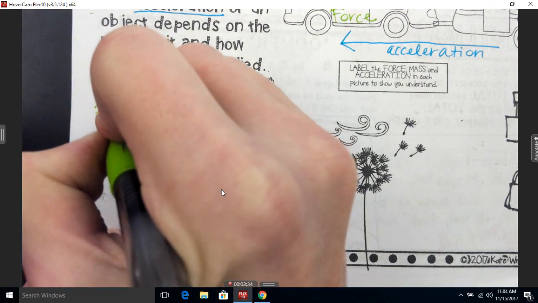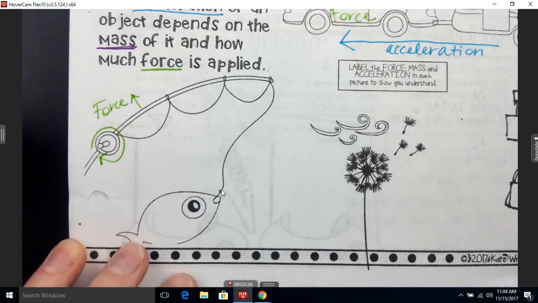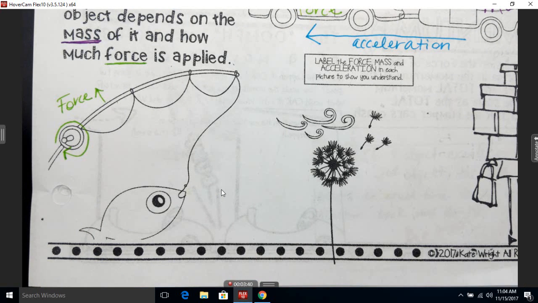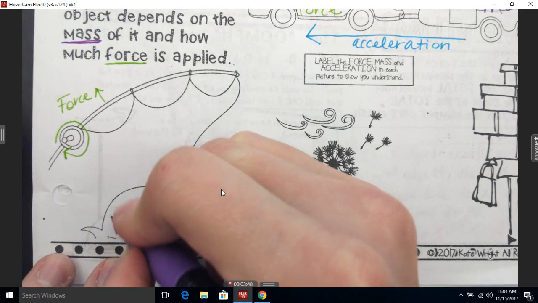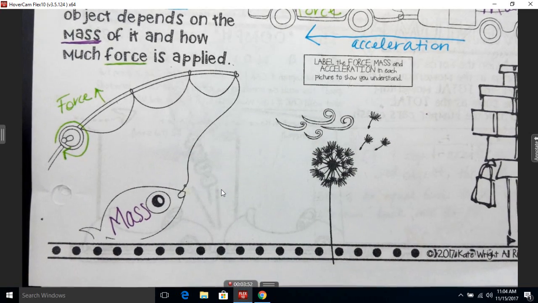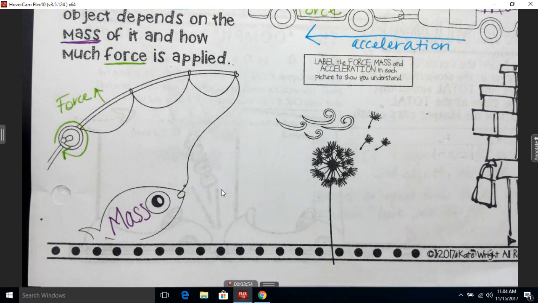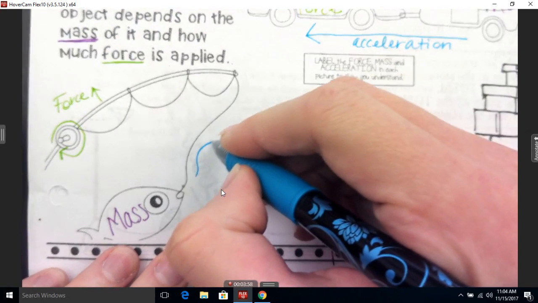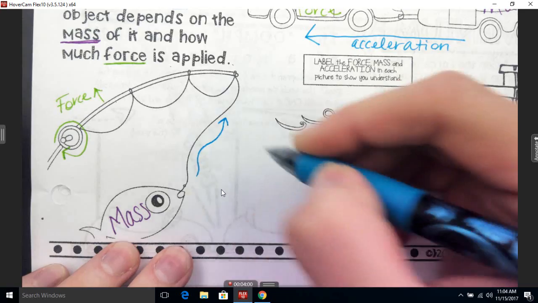Force, green. The fish is the mass. The acceleration is going up. Yes. Okay.